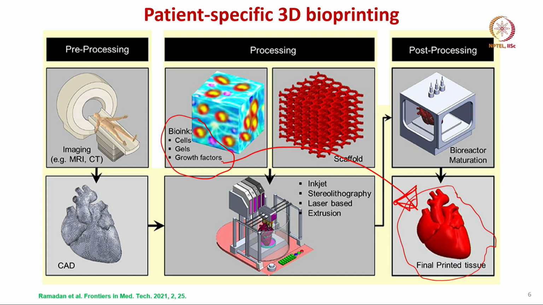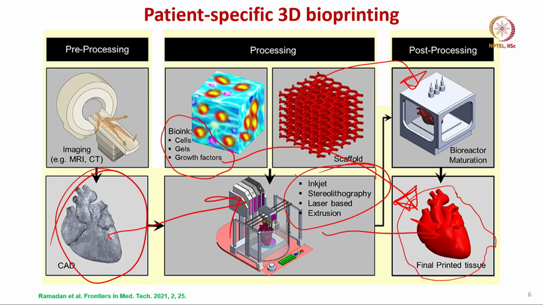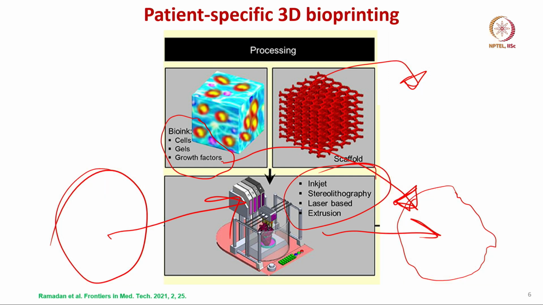Cardiomyocyte cells are very difficult to culture, so they have to be contained within the hydrogel. After the scaffold printing is over, you can go to bioreactor maturation, that means tissue maturation. Then you get the tissue CAD model, and you start printing using inkjet, stereolithography, laser based, or extrusion printing, and then you get the final 3D printed structures.